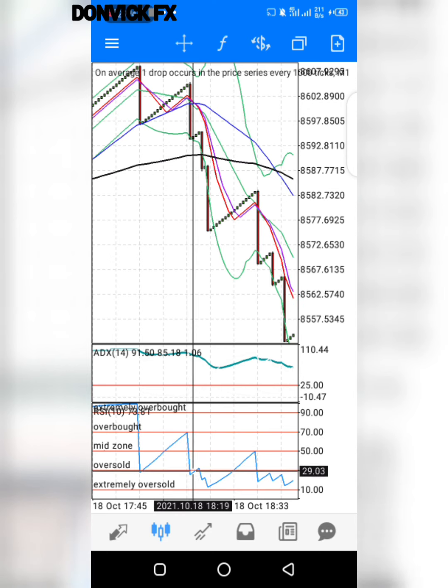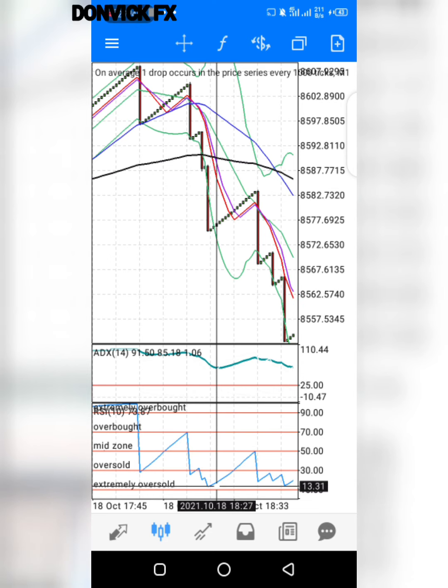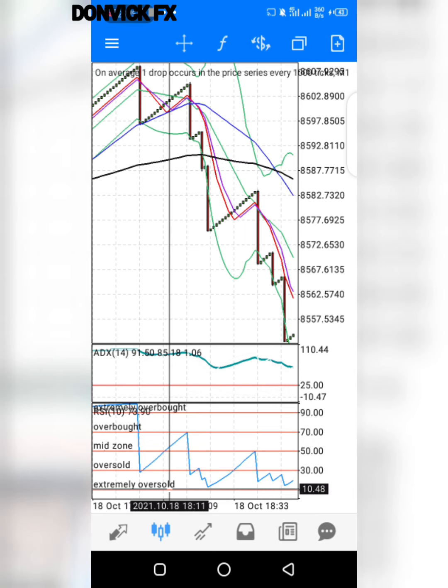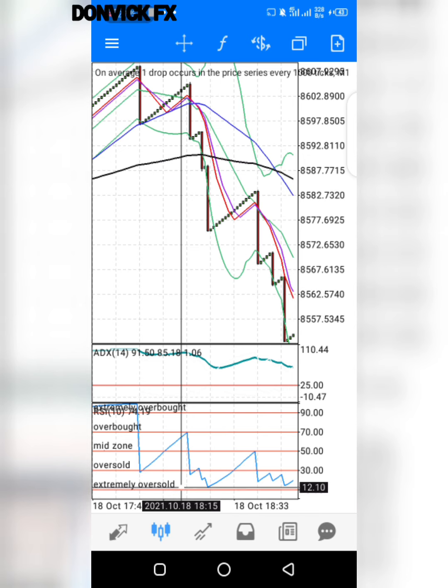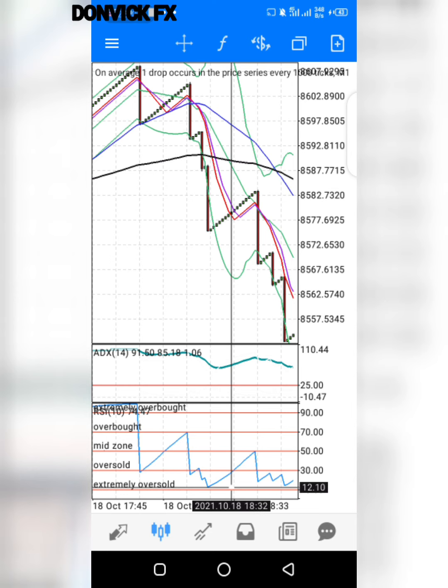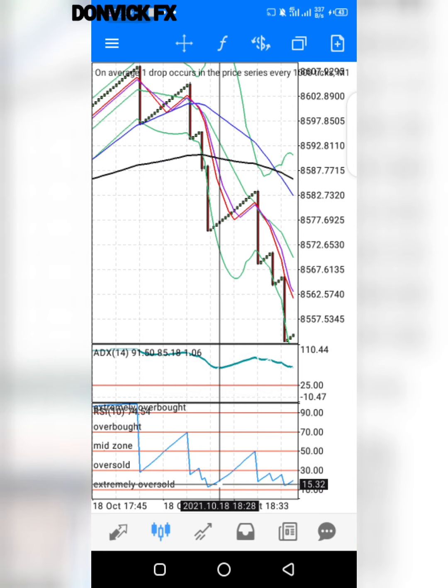And when it now reaches the extremely oversold zone, please, whenever you are spiking or selling and you have noticed that it has reached the extremely oversold zone, let's say for example in M1, if it has reached the extremely oversold zone in M1 but it has not reached the extremely oversold zone in M5, please always note that this M1 will be a delay. What do I mean by a delay?